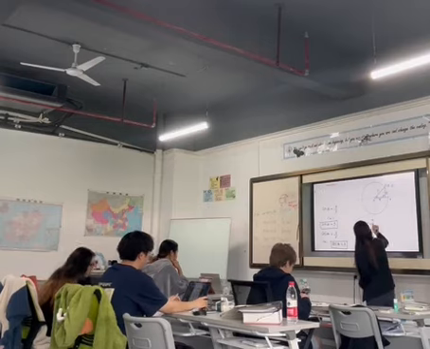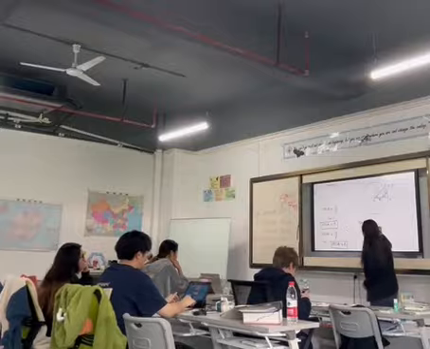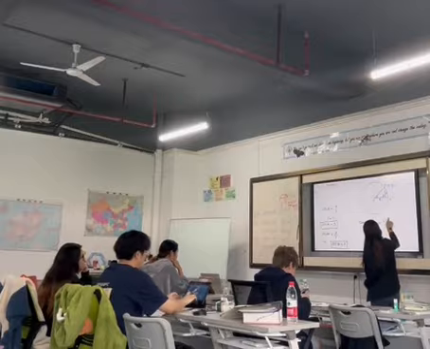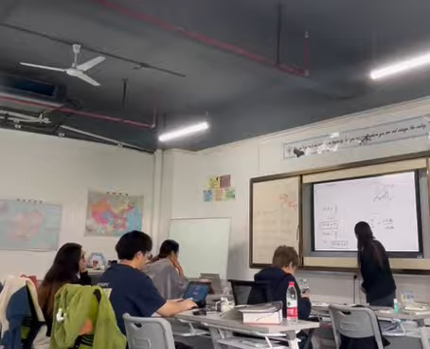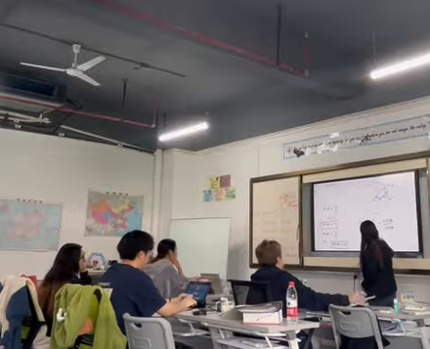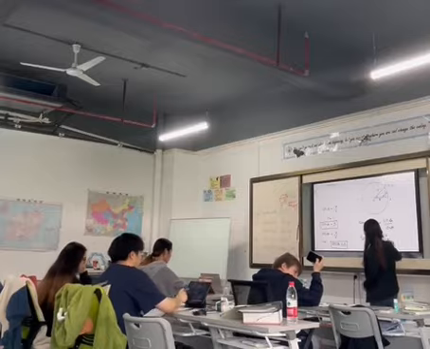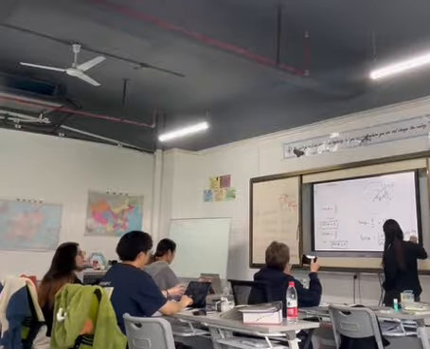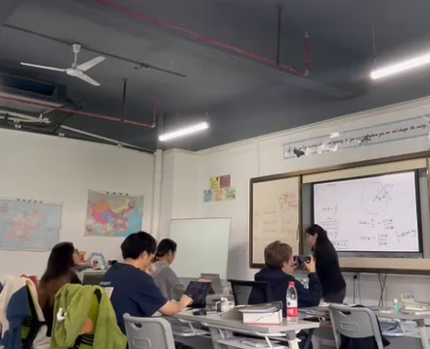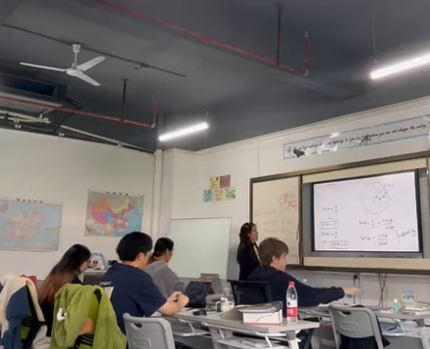So y over x. And we know that y is equal to sine theta and x is cosine theta. So that is why we could have tangent theta. So we call this one an identity. Okay, what is identity? Questions so far?